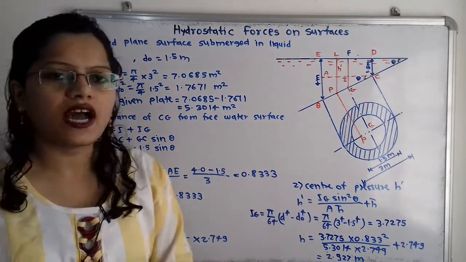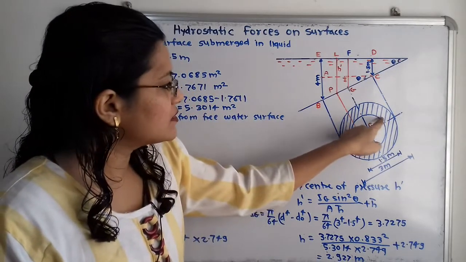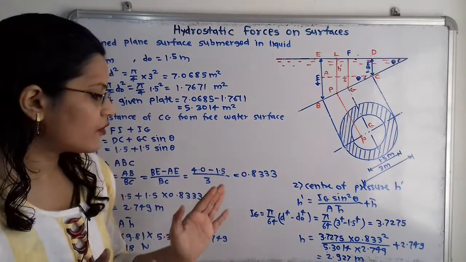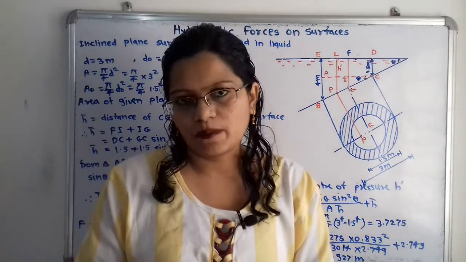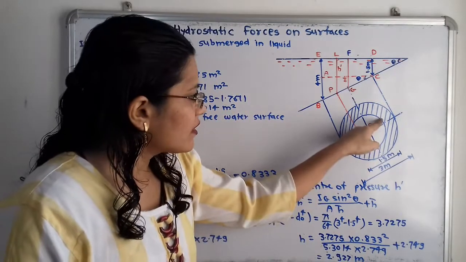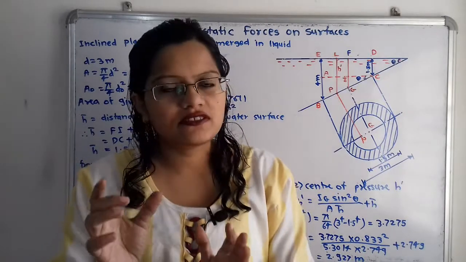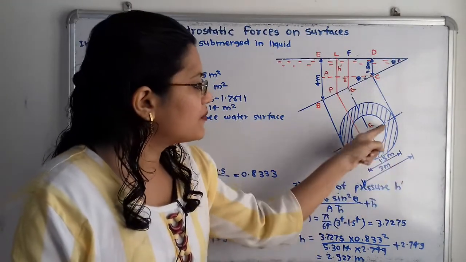And what is the formula for Ig? Because there is a hole inside it, what is the formula for Ig? That is pi by 64 d raised to 4. But we will consider the d for this hole also, that is d0. So we have to subtract the diameter of this hole.